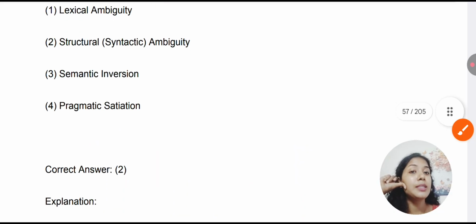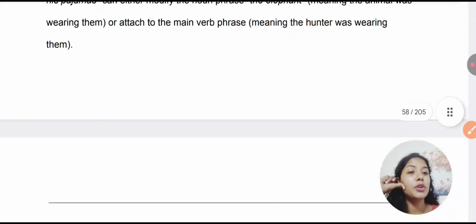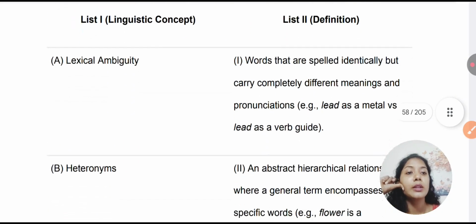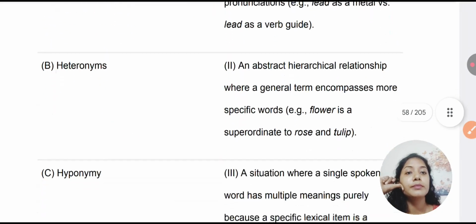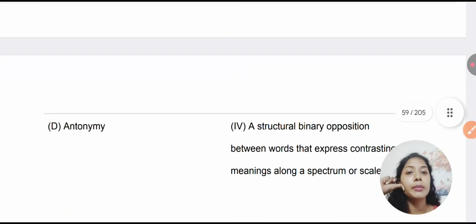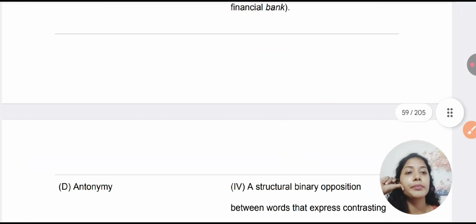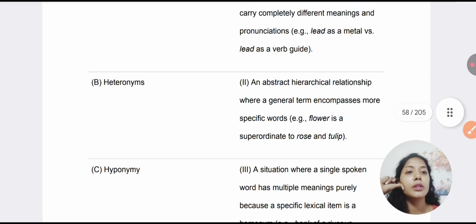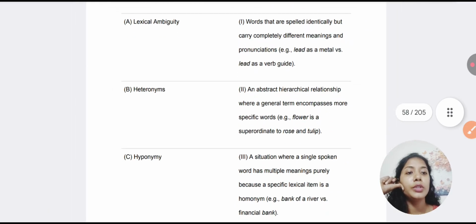Now lexical, semantic and pragmatic ambiguity you must revise too. ये भी आते हैं, but पहले आप इन तीनों को देख लीजिए.